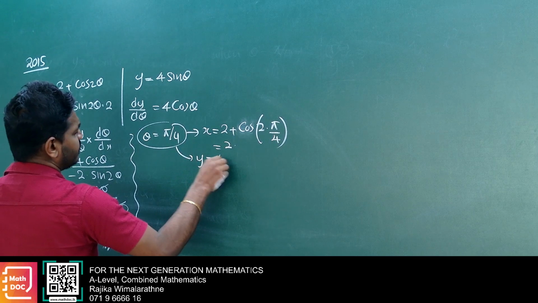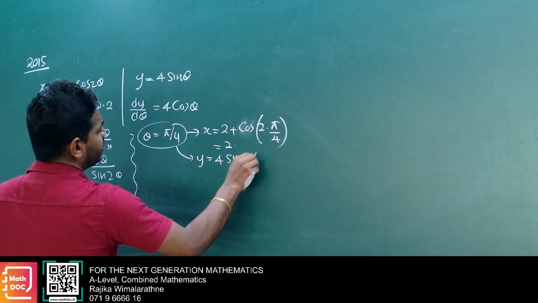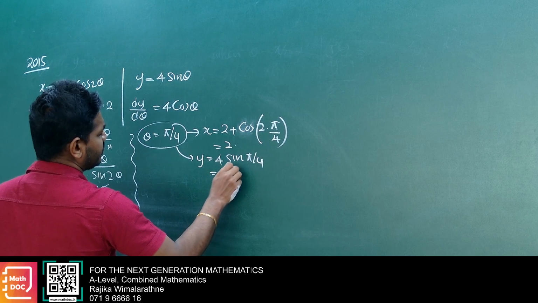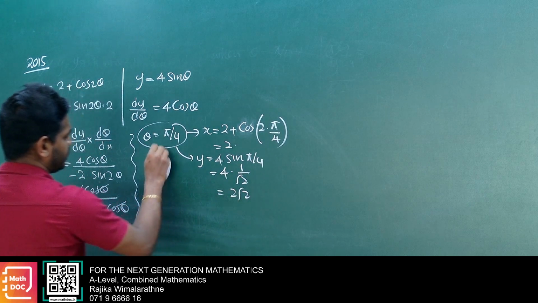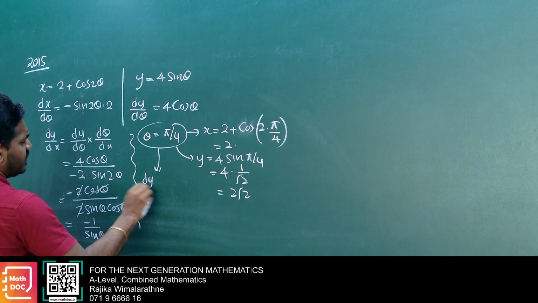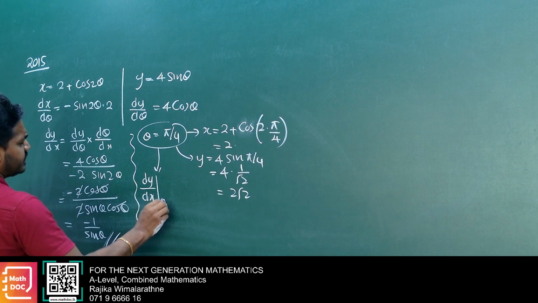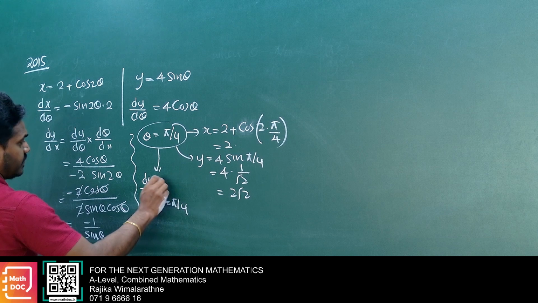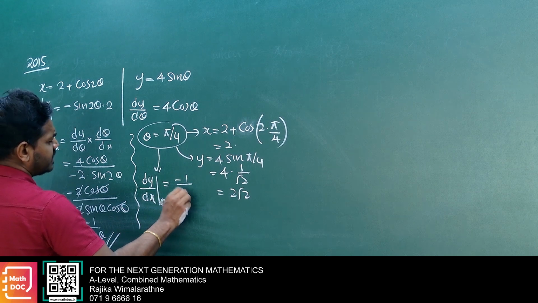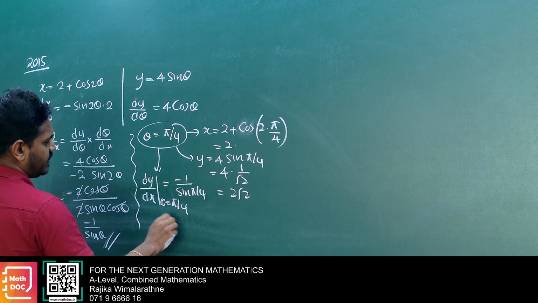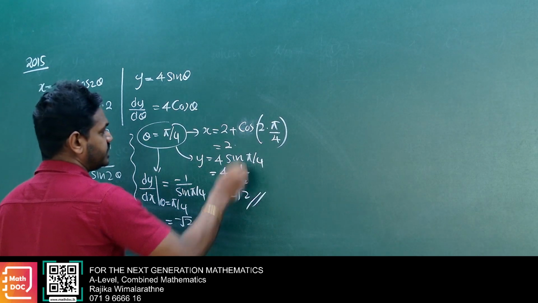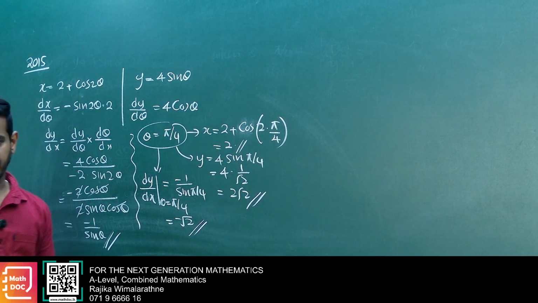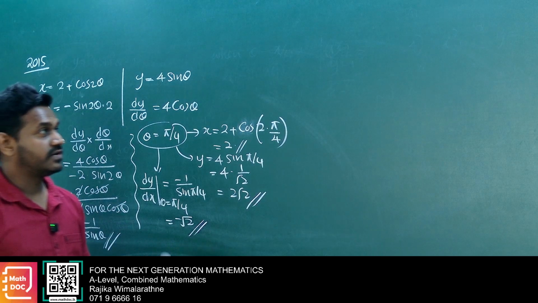Then y is 4 sin pi by 4, 4 times 1 over root 2, which is 2 root 2. dy by dx at theta equals pi by 4 is minus 1 over sin pi by 4, that is minus root 2. Now we know the gradient and coordinates, so we only have to find the normal.